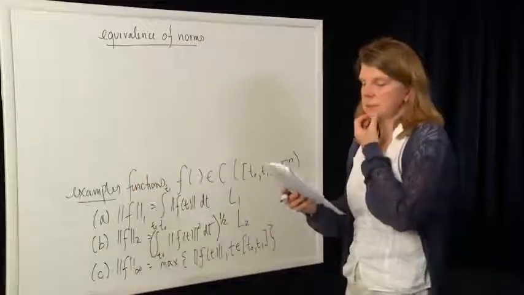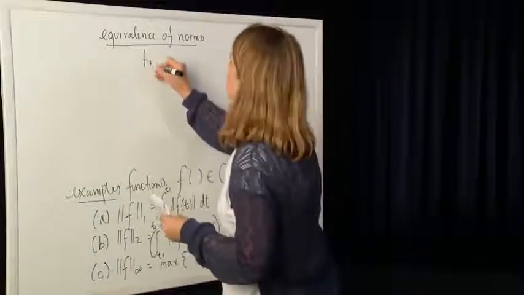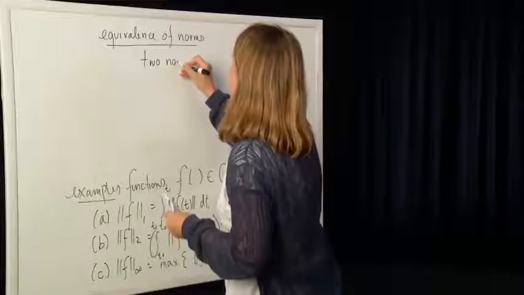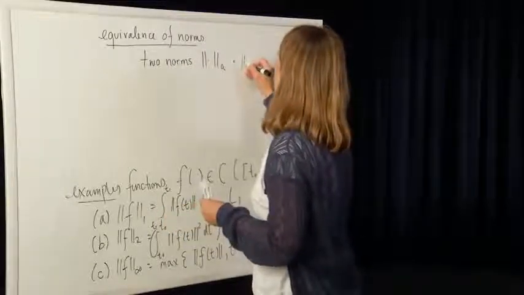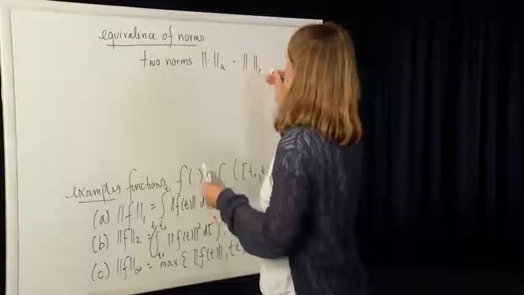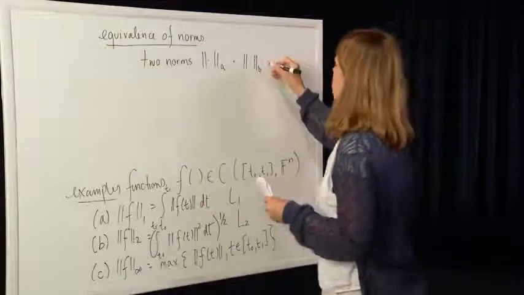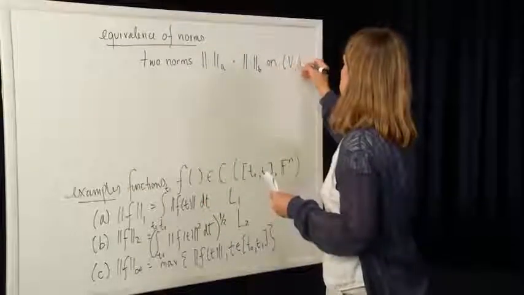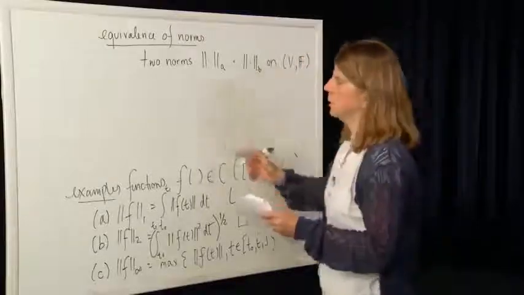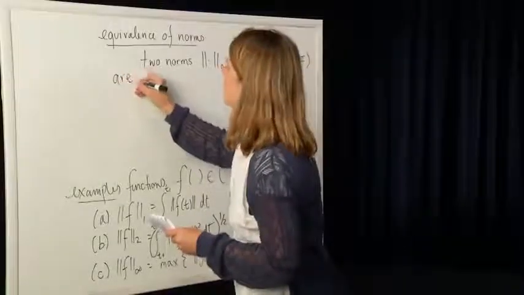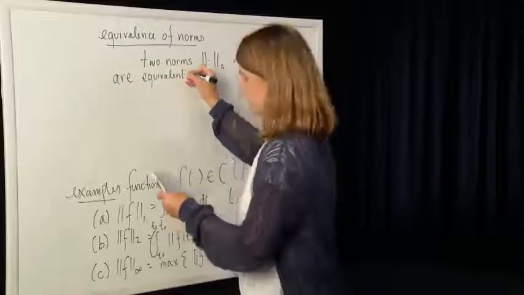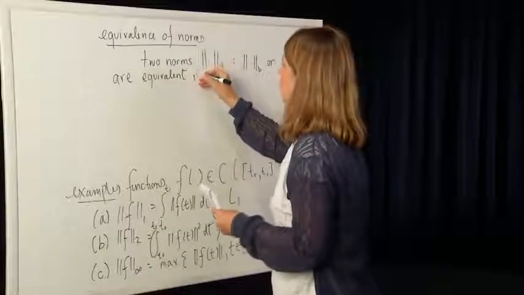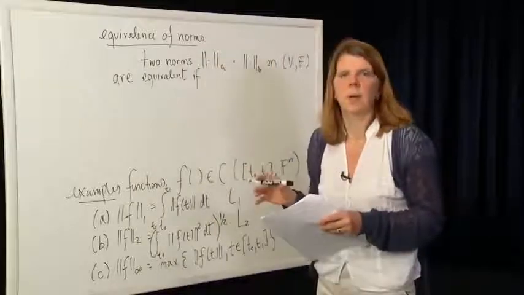And that states the following: two norms, and I'm just going to use generic notation, norm A and norm B, on the same vector space are said to be equivalent if one can be bounded with respect to the other.